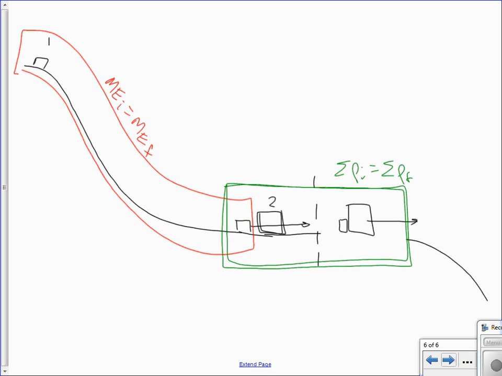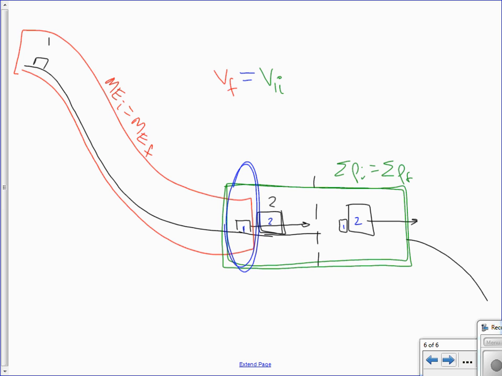And here is our overlap. So the final velocity of the object in the energy conservation part becomes the initial velocity of what we can appropriately call object 1. Yeah, 1 and 2. Okay?